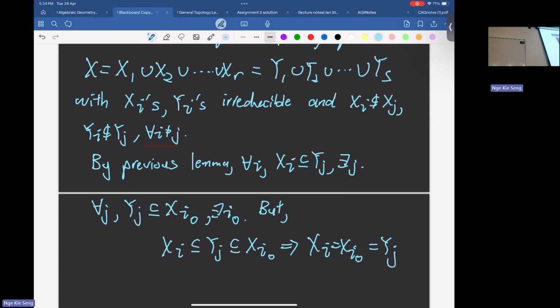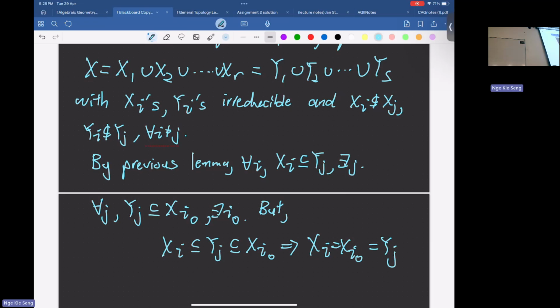The lemma we proved just now: if x lives in a union of Xi, then x must live in one of the Xi. But this particular Xi lives inside a union of Sj, and then it must live in one of the Sj. No, not Yj, we're talking about Sj now. We go back to Sj again.